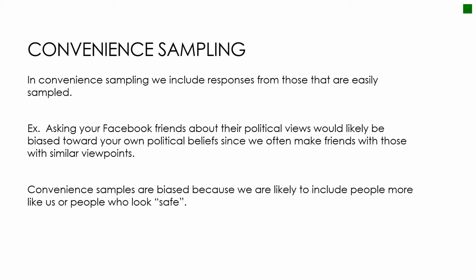I obviously am an instructor, and so if I only talk to people who are taking math courses on campus and I'm looking at the population of all students at BU, well, then I'm missing out on all of the people who don't have to take math because they've already taken it. I'm missing out on all the people who take online classes because they're not on campus, and so that would be a bad idea to do convenience sampling because I wouldn't be including a representative sample.